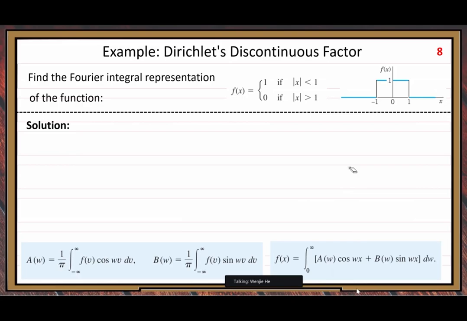Here you can see we haven't seen any condition on this given function f. So the first question we ask ourselves is, what is the condition we need on this function?